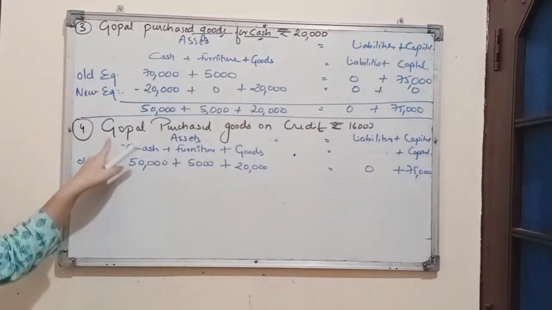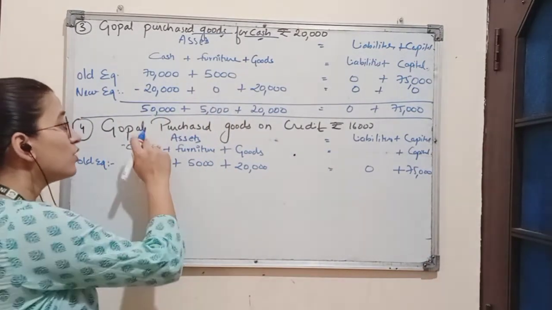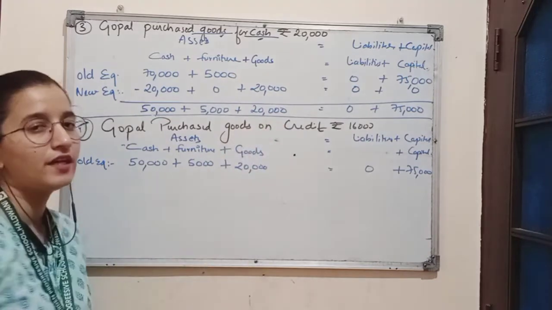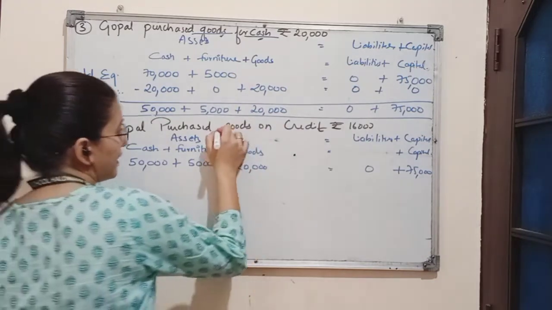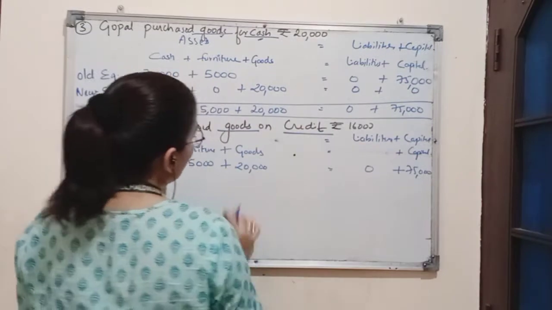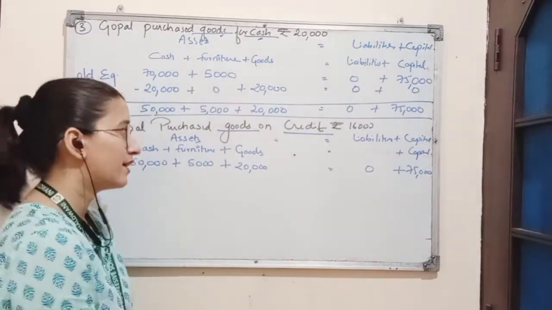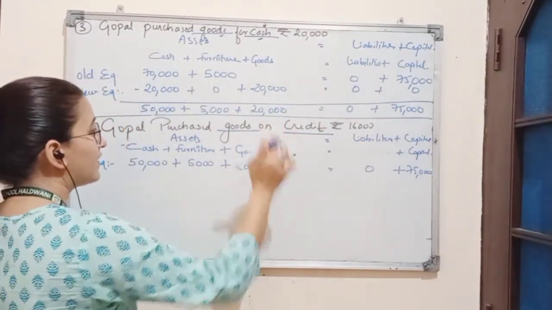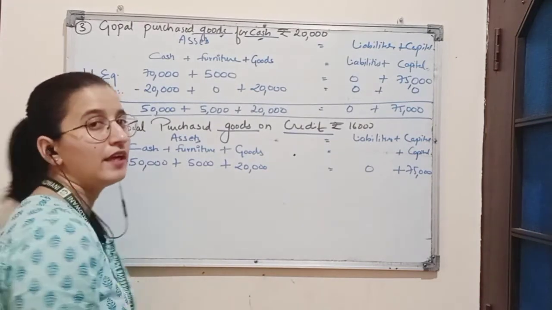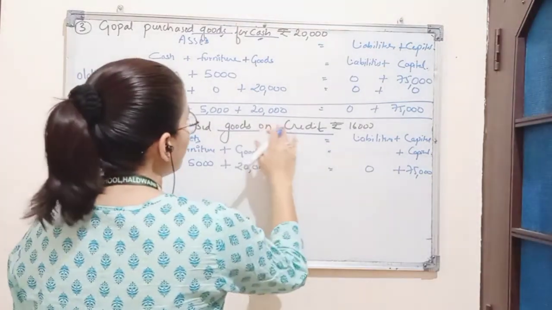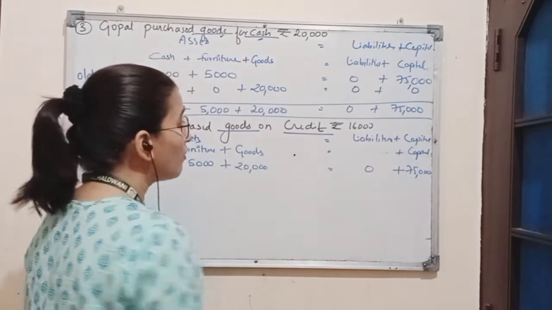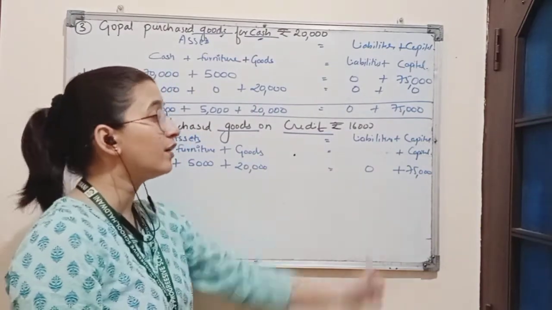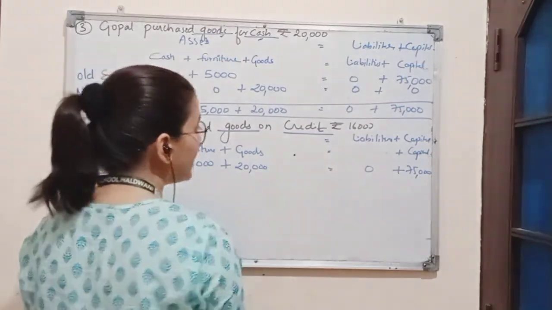Now, if we come to the transaction, Gopal purchased goods on credit. So here goods have been purchased on credit. Goods is considered as current assets, and here it has been purchased on credit. That means the firm has increased the balance of creditor. So here creditor will be opened in the liabilities column.